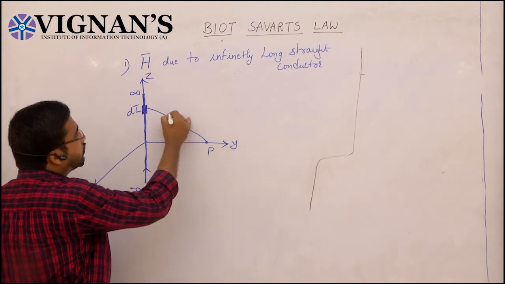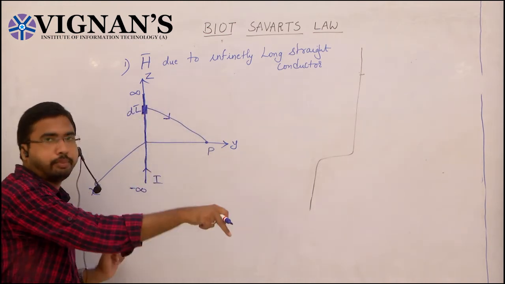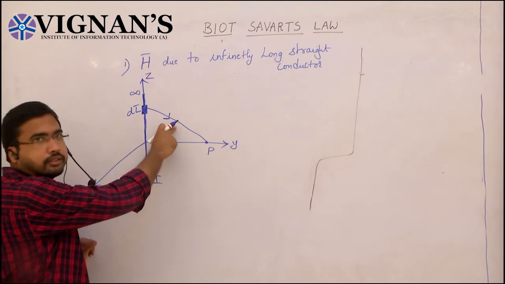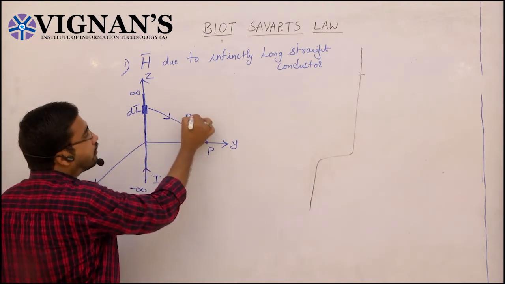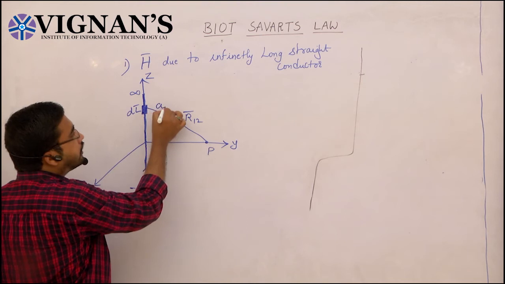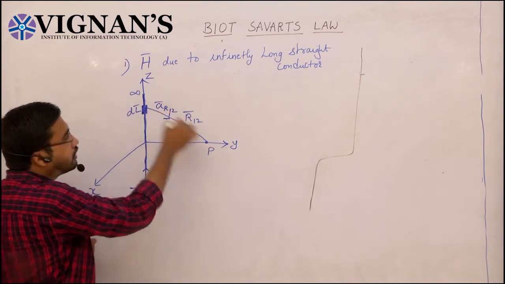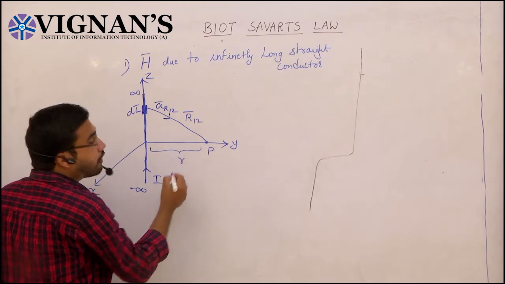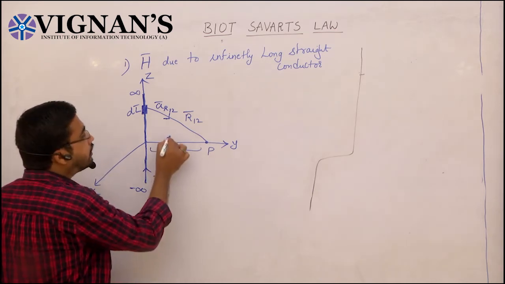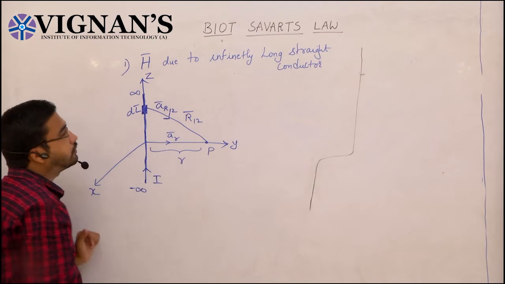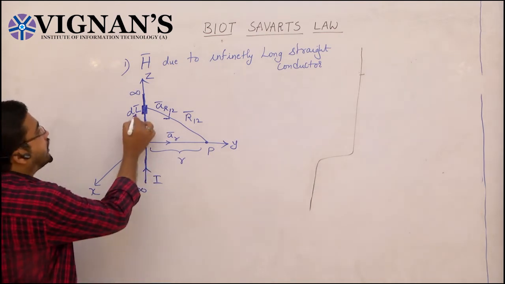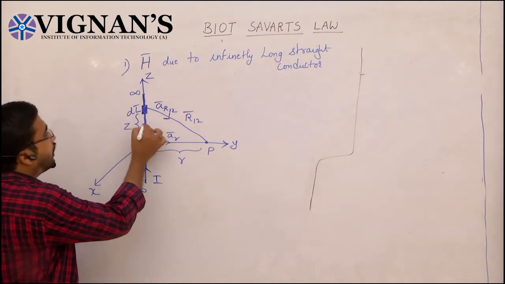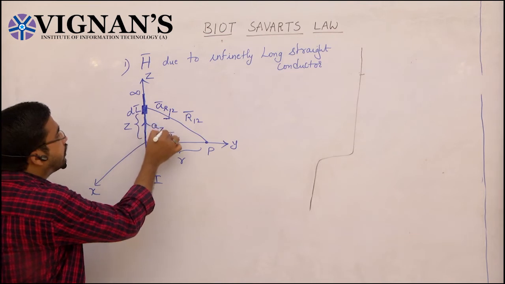This distance is going towards the point P, that means the arrow mark should be like this. The distance vector is r12 and the unit vector is ar12 in this direction. Now let us take this distance as some r, and the unit vector in this direction is ar bar. Let us take this distance as z, and here the unit vector is az.